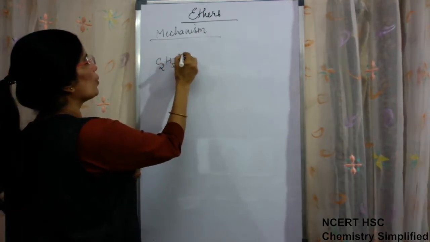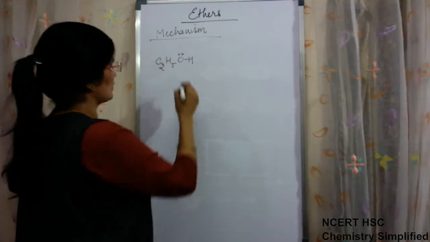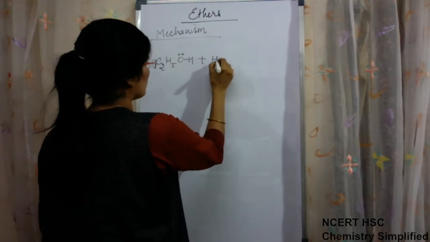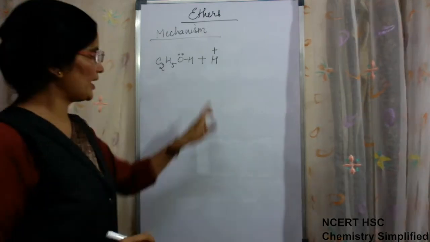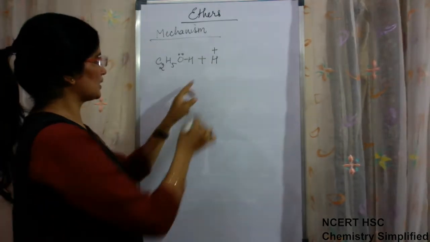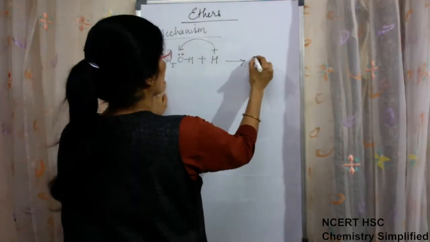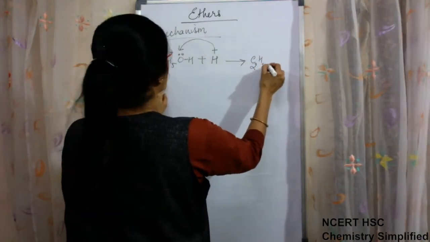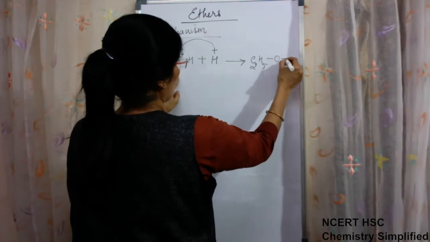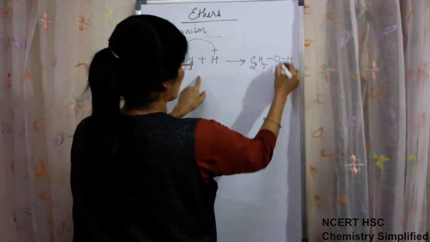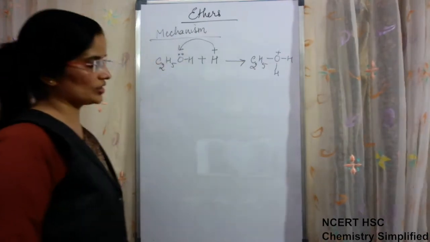C2H5OH. O has a lone pair of electrons. First step, protonation. Okay, H positive from acids will come and attack on this. It will form C2H5OH. This H will join here and it will acquire positive charge.